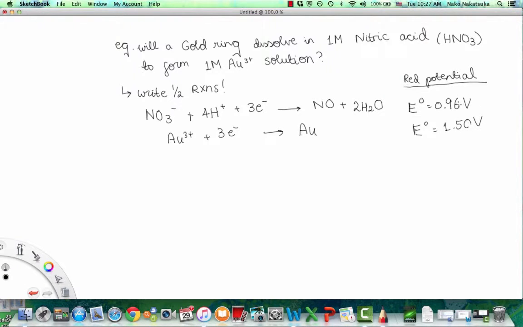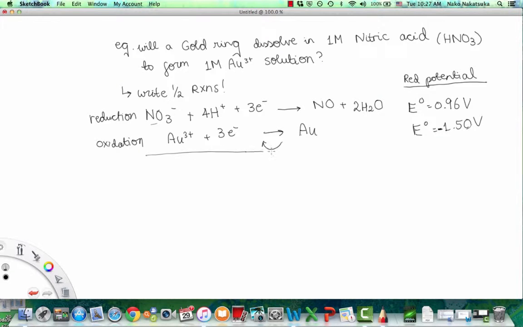But since in this particular instance we're starting out with a gold ring dissolved in the nitric acid, this is going to be the equation that's switched over. And so that means this value for the reduction potential is going to be negative since this is an oxidation process. And this is the reduction.